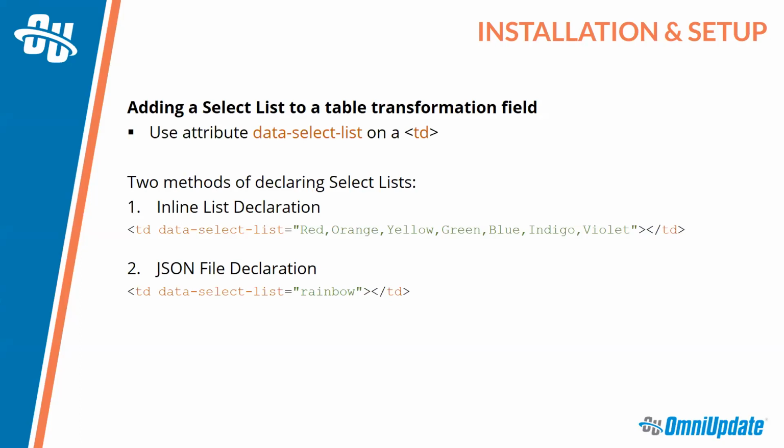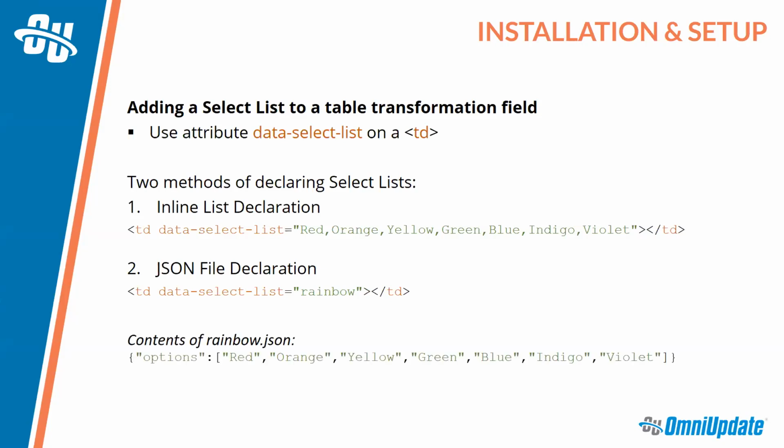So here it just says data-select-list equals rainbow, because it is implied that the JSON file is going to be in a particular location. The contents of the JSON are very similar, the same options that we had in the inline declaration, but now you're looking at them in a JSON format.